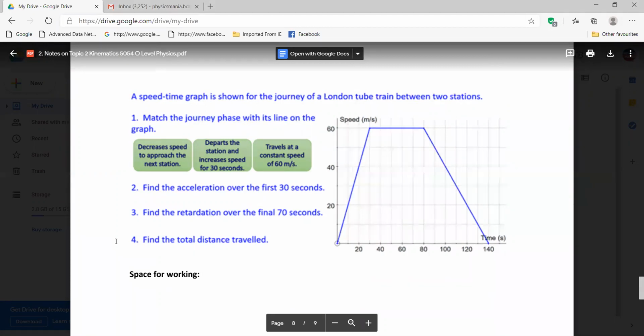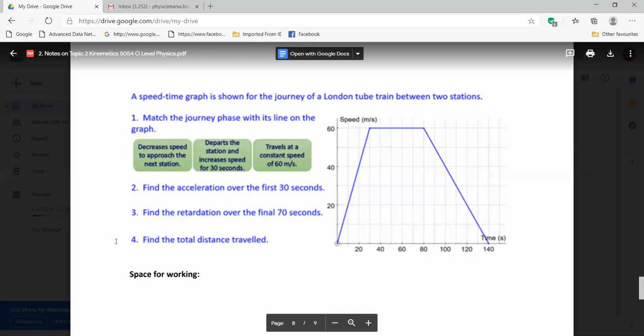So first is the triangle. Ah, yes, sir, I got it.